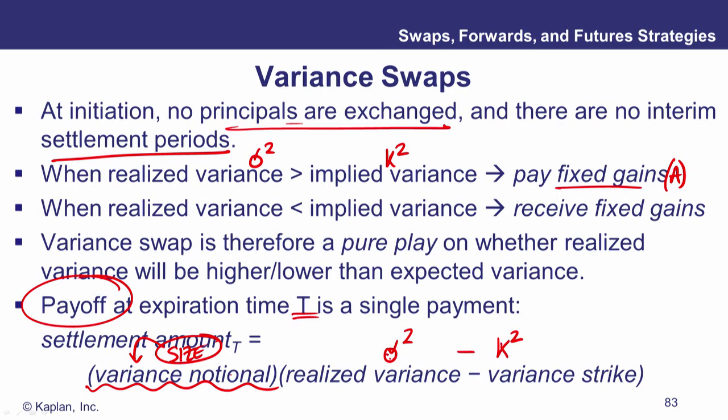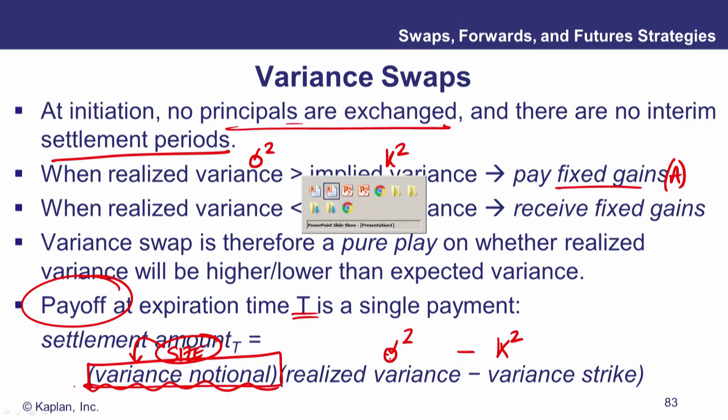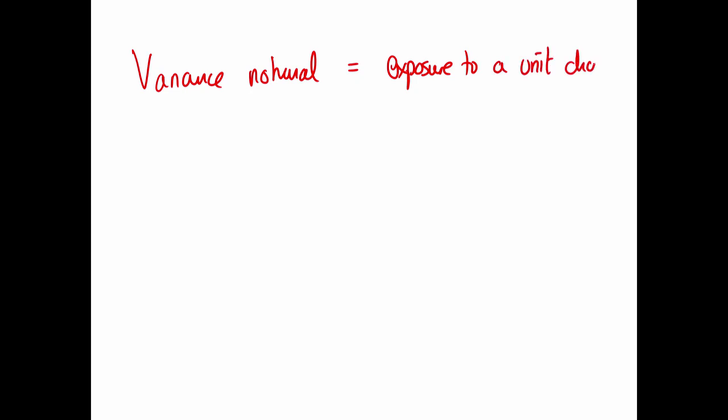You'll get one extra lot of this variance notional as a payoff, as a variance buyer. So it's important to realise that this variance notional is really just your exposure to a 1 unit point change in variance. You might think I'm labouring that point, but we're going to talk about something related but not the same later, and it's important to know the distinction. So we'll come back to that.